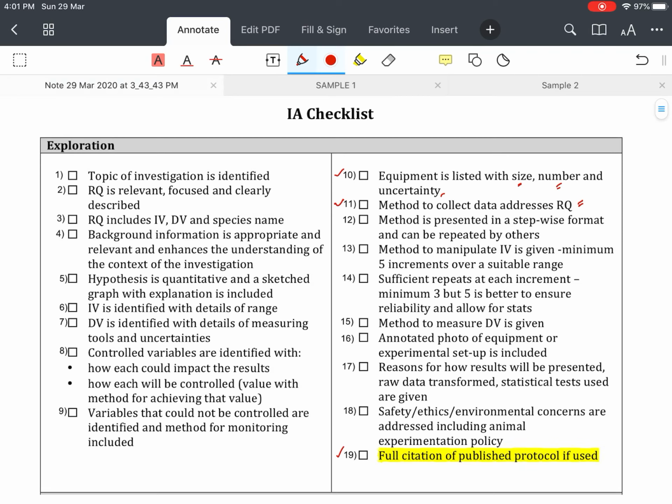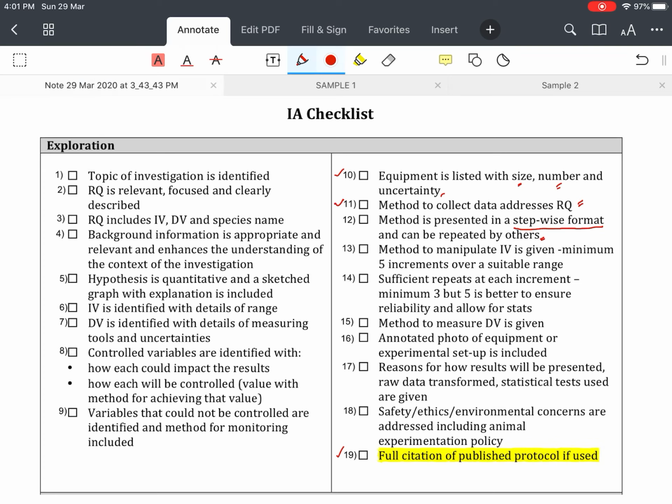Method to collect data is clearly addressed, which is in the RQ as well. Method is presented in a stepwise format and can be repeated by others. I do remember some of you asked about that paragraph. It is already written in the checklist, stepwise format, so that is easy to repeat.